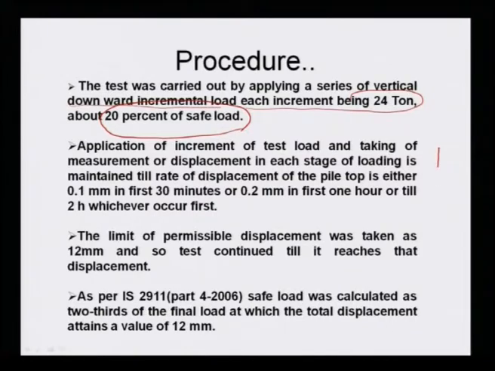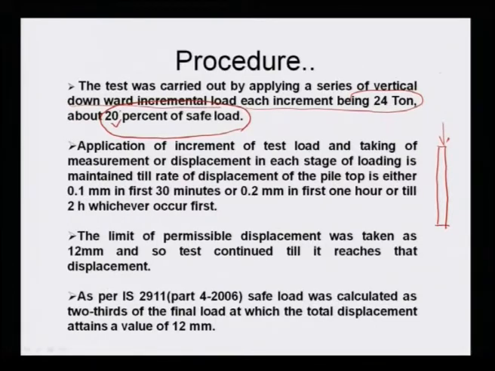That means before starting the test you find out theoretically the bearing capacity of the pile. From this bearing capacity you can find the safe load of the pile. Once you get the safe load theoretically, each load increment should be 20%.